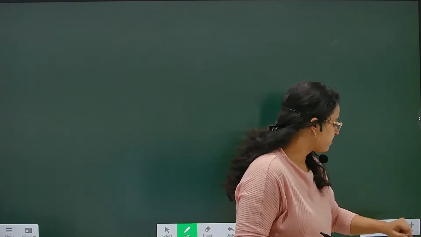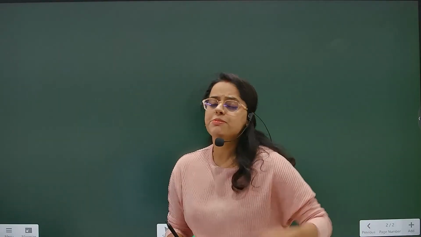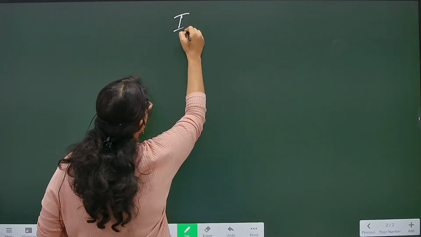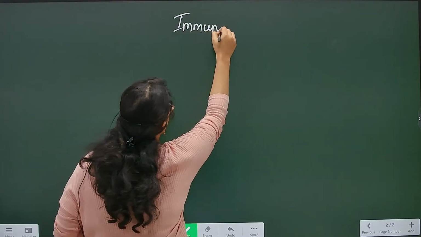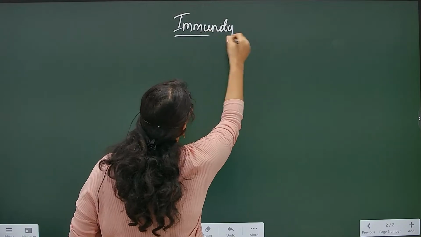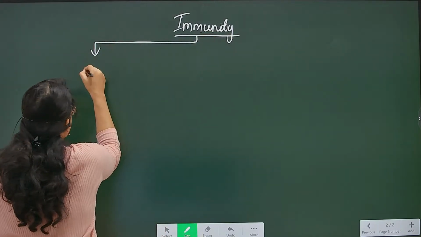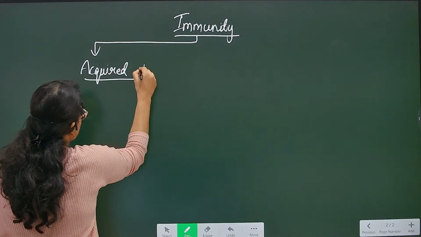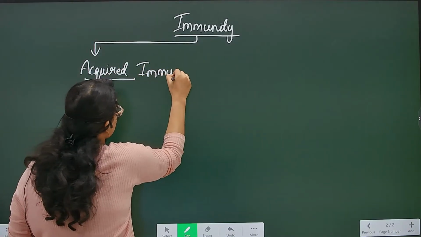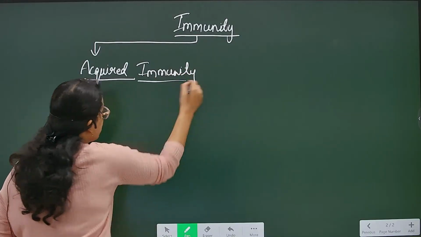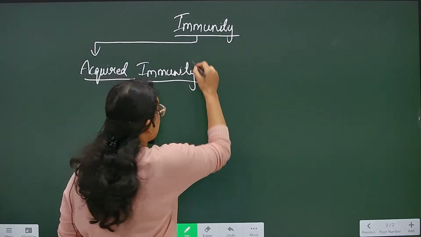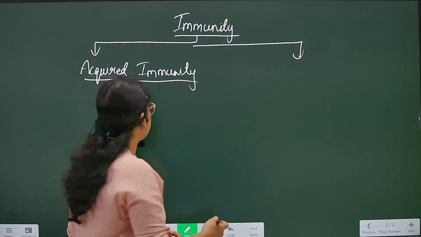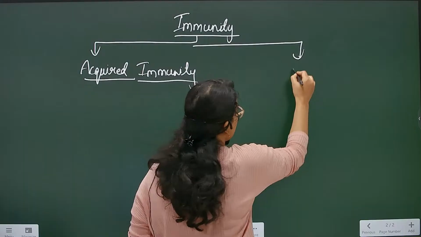Now let us see the types of immunity. We have two types of immunity: acquired immunity, which we don't have at the time of birth, we acquire slowly, naturally, or sometimes artificially also.